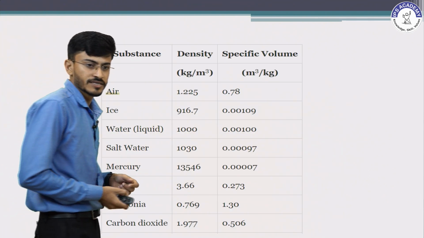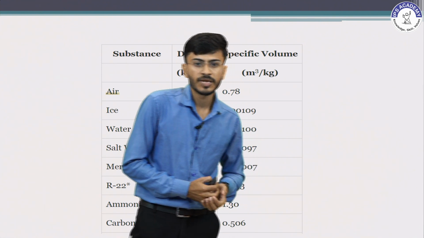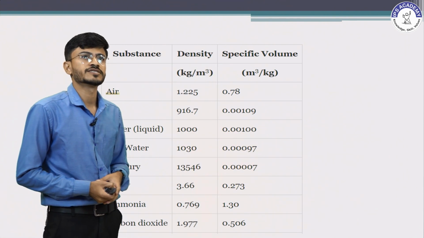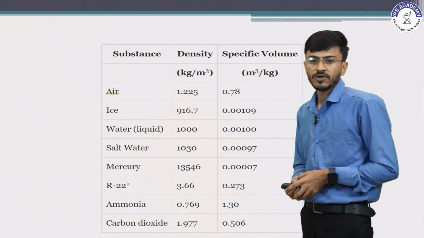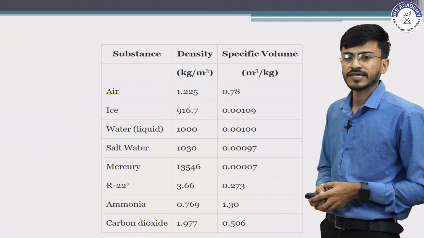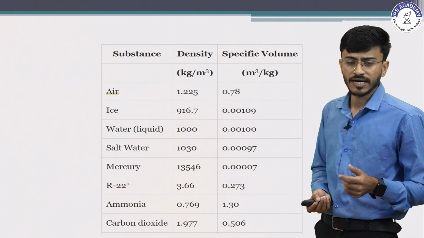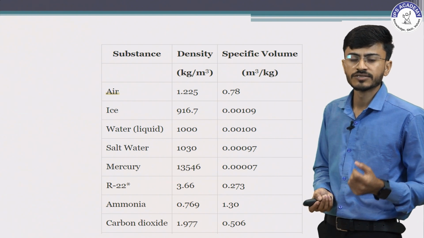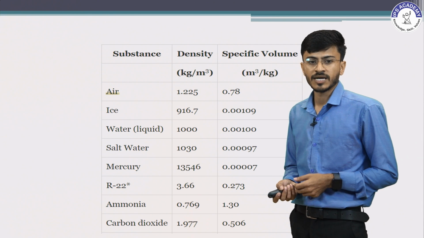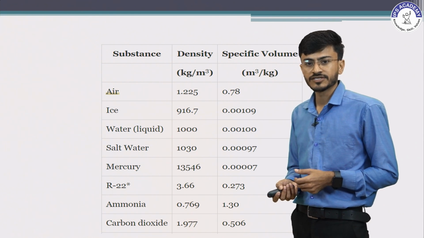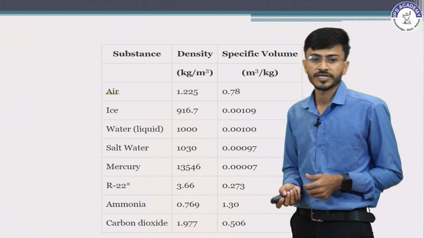Here I have shown some examples. The specific volume of air is 0.78. For ice, the specific volume is 0.00109 meter cube per kg, meaning 1 kg of ice can be contained in 0.00109 meter cube. Whereas for air, 1 kg of air can be contained in 0.78 meter cube.